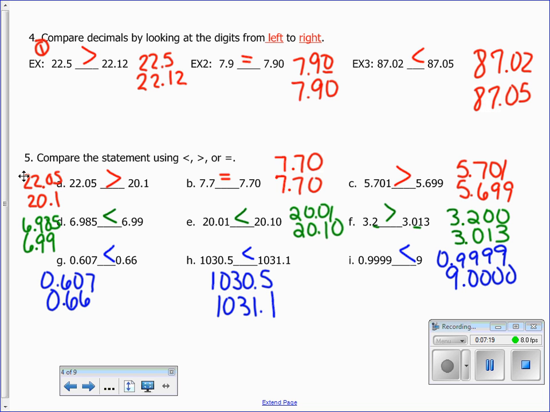That is a simple way of determining, in the place value ordering, which is greater than, which is less than your decimals.